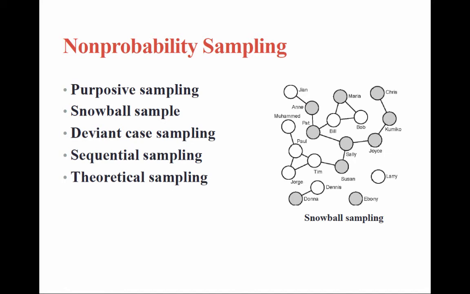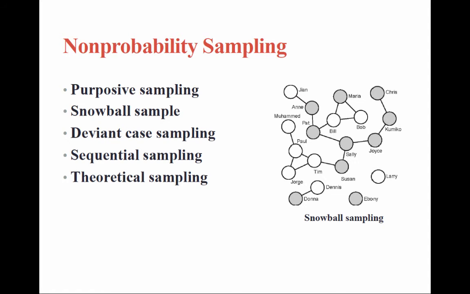This is what you see to the right in this picture. I get to know one individual, and Donna says, oh, hey, did you think about talking to Dennis? Then I talk to my friend Mohammed, who leads me to Paul, who has two other friends. One of them has another friend. And so it's snowballing. My sample keeps getting larger and larger as I keep talking to more individuals and learning more things.